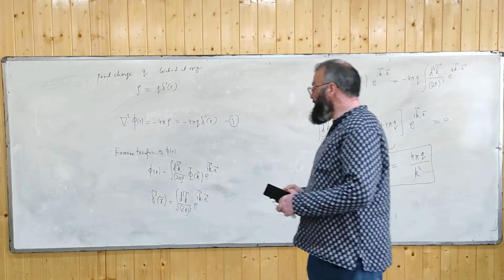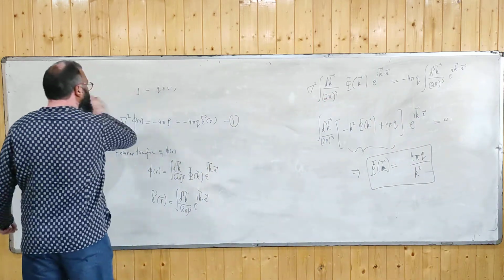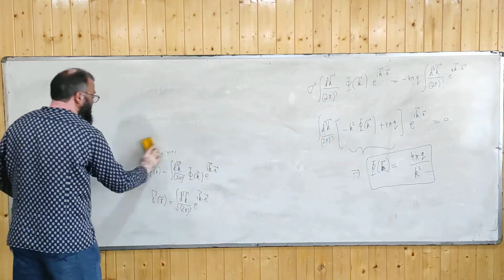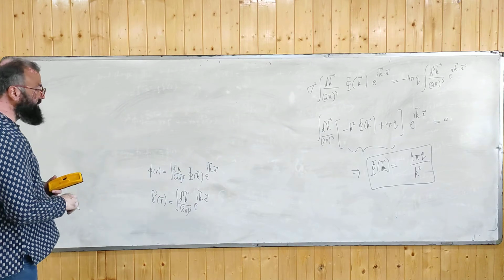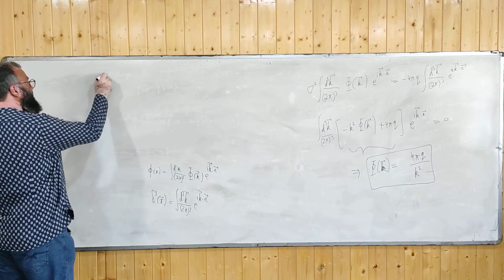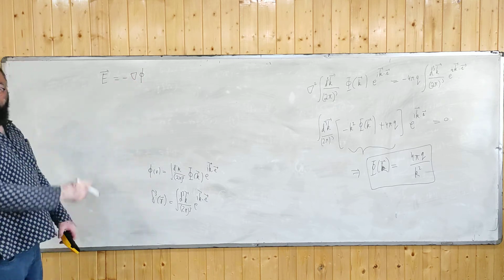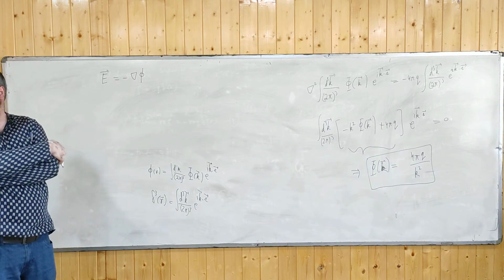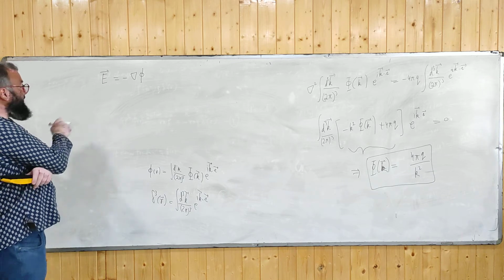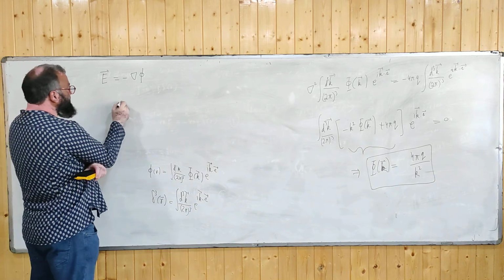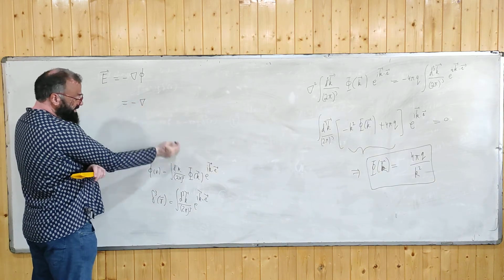Now let's try to calculate the electric field, so then we can see the nature of the electric field. The electric field is equal to minus nabla phi. What is phi?